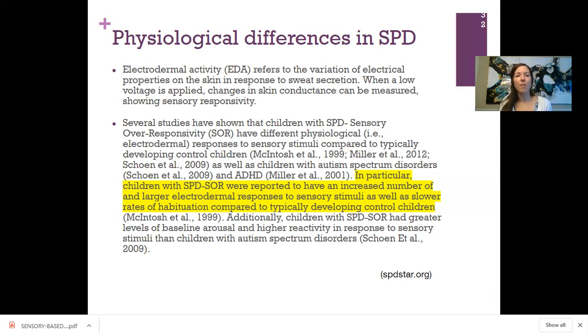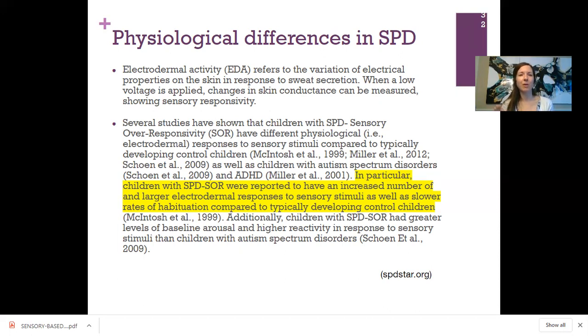Children who had been diagnosed with sensory processing disorder and the sensory over-responding subtype, and we're going to talk about the subtypes later, were reported to have an increased number and larger electrodermal responses to sensory stimuli, as well as slower rates of habituation. Habituation means you're getting used to that stimulus, compared to typically developing children.